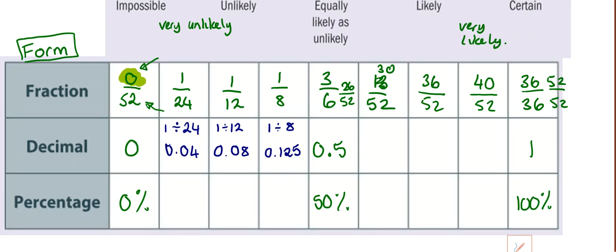Right. How do I turn those numbers into percentages? Hazel? You have to multiply them by 100. Okay, so I'm going to do 0.04 multiplied by 100, and I get 4%. The next one is 8%.